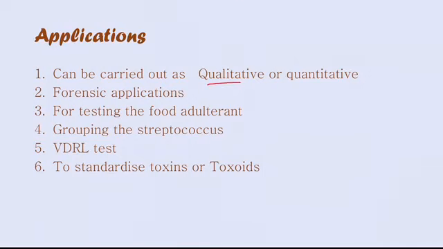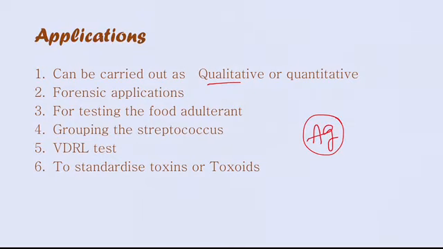The precipitation test can be carried out as a qualitative or quantitative test. It is sensitive for the detection of antigens and less sensitive for the detection of antibodies, but can be used for the qualitative and quantitative determination of antigens.